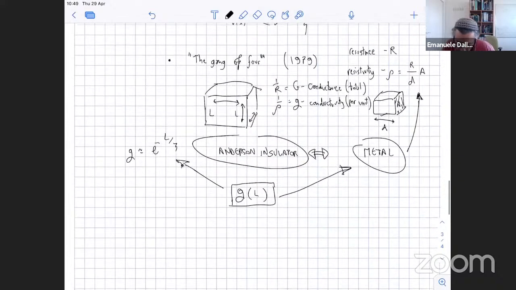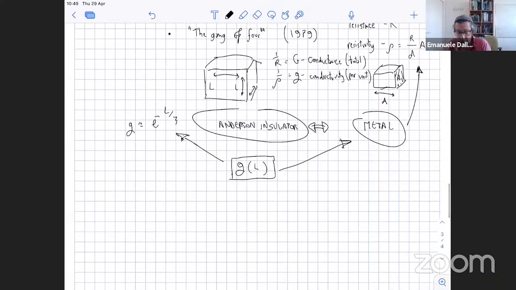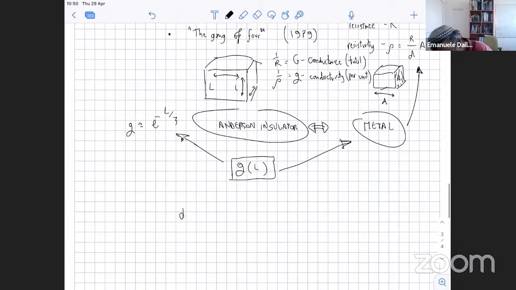And what they found was that depending on the dimensionality, there can be either a smooth crossover from one limit to the other, or a steep one, or a phase transition. So for dimension larger than 2, there is really a transition between these two limits, meaning that the more I increase the system size.